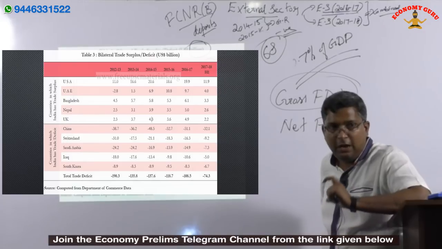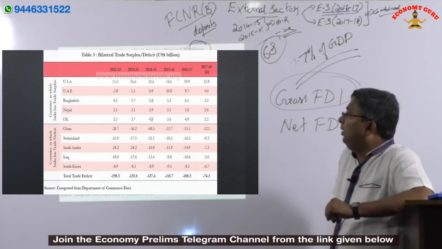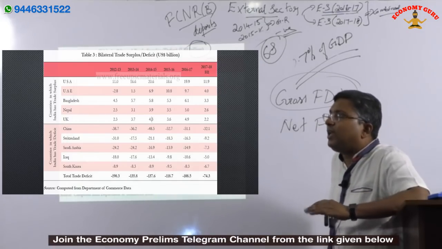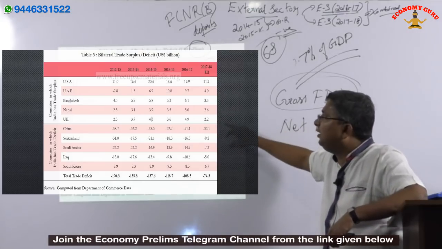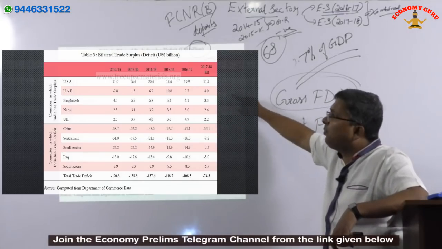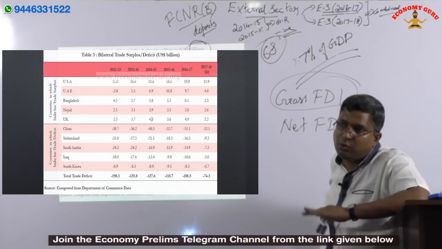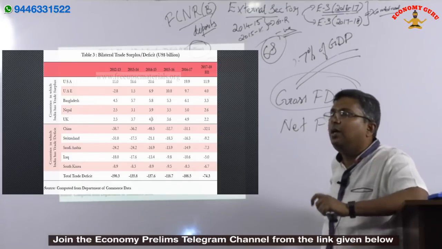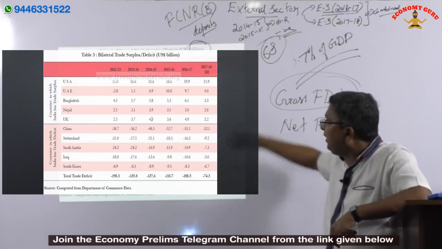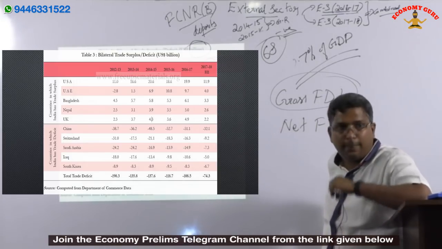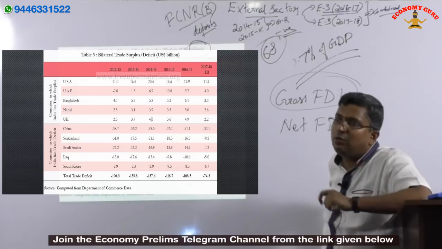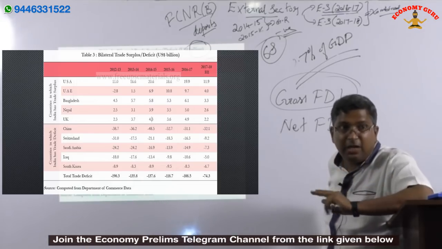We'll discuss that. For time being, understand that with the US we are having it. So even if you forget everything, just remember the first 2. That is the major trade surplus country is USA followed by UAE. That is sufficient. With that knowledge, even if they ask you in a decreasing order or the highest, you will be able to get it. But never forget about US.